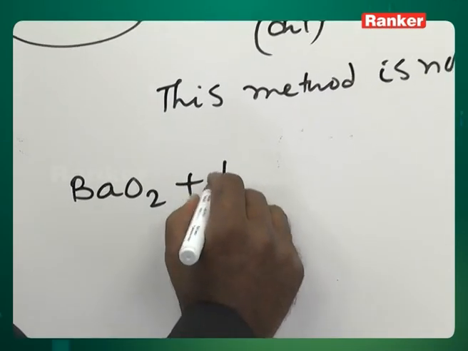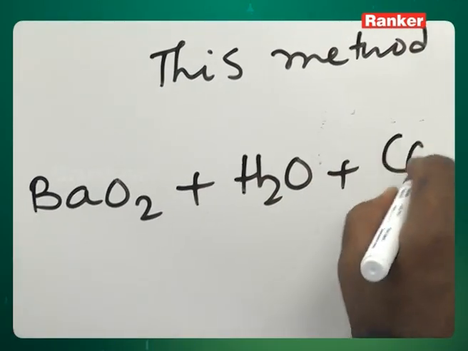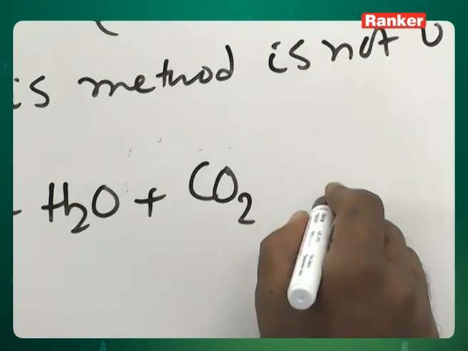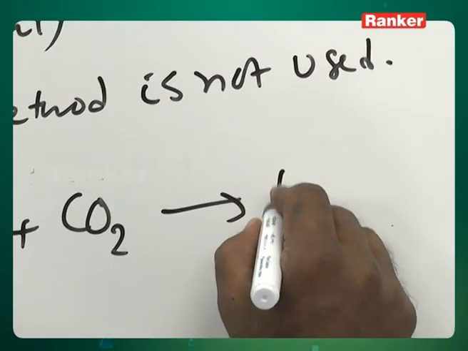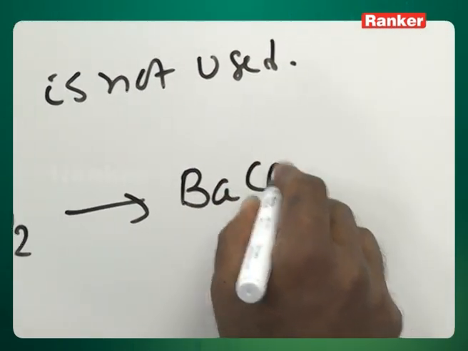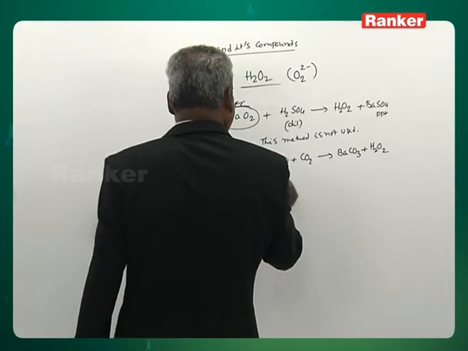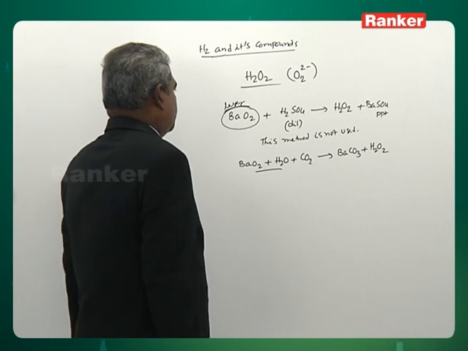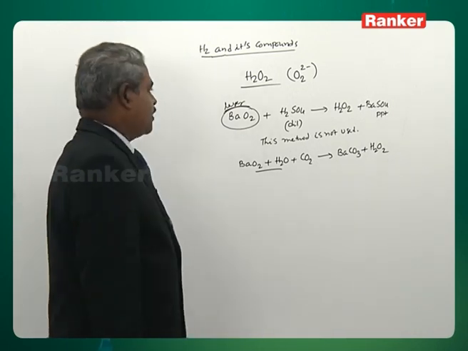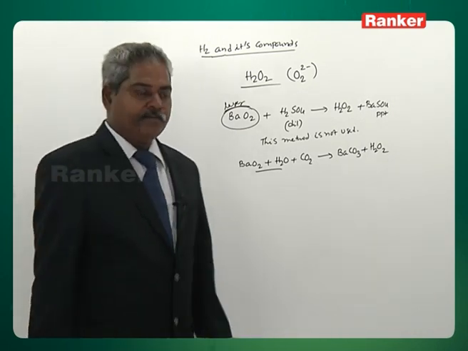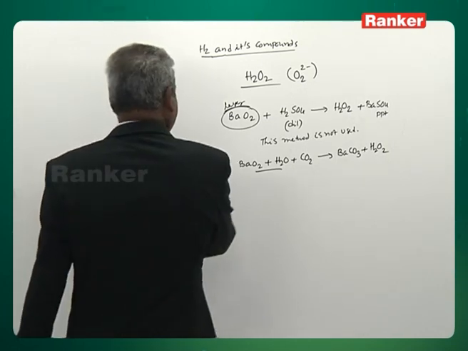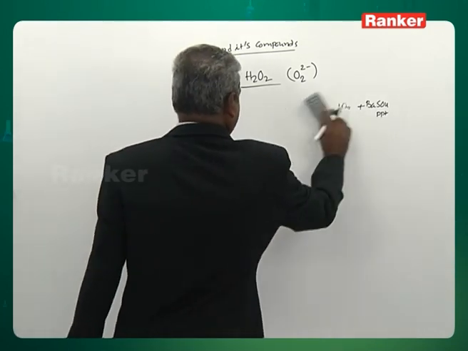BaO2 plus H2O plus CO2, you get BaCO3 plus H2O2, hydrogen peroxide. So, how is hydrogen peroxide prepared in the laboratory? By adding dilute acid to this one.